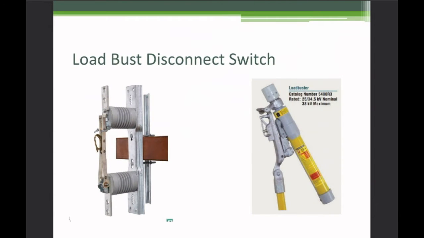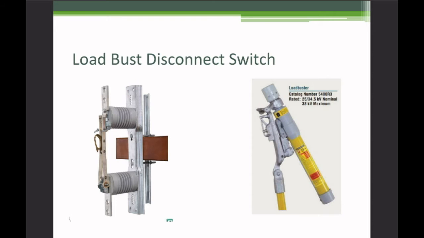However, what manufacturers have done is they have a load bust tool. This is an attachment that goes on the end of a hook stick. These upper segments engage with these horns right here. And internal to this cylinder is a secondary set of contacts. When you're using the load bust tool to pull this open, this piece here telescopes, it stretches out and gets longer.